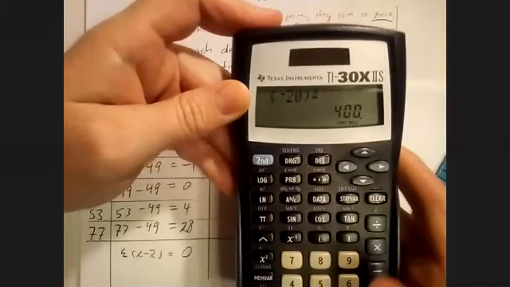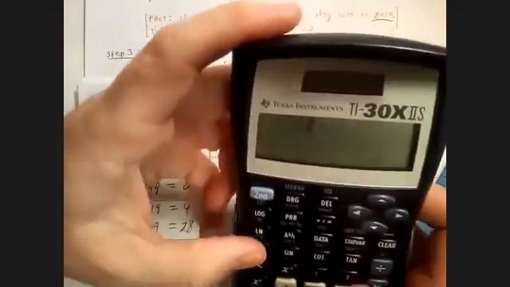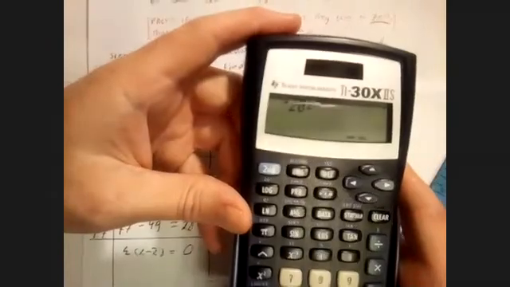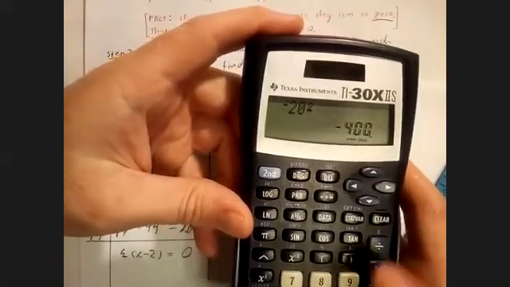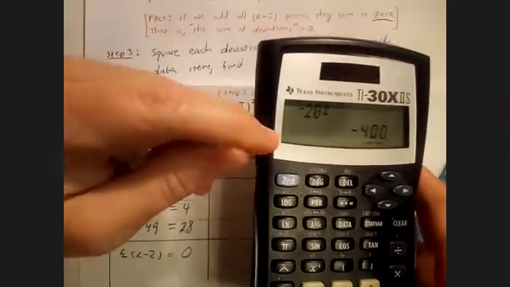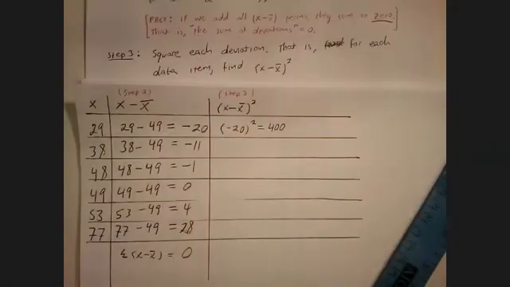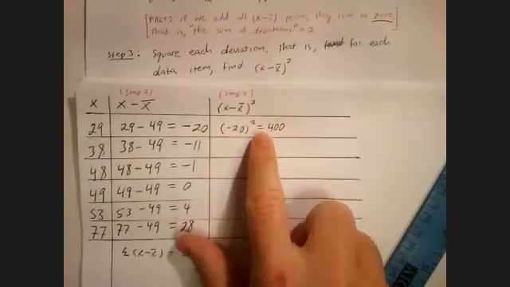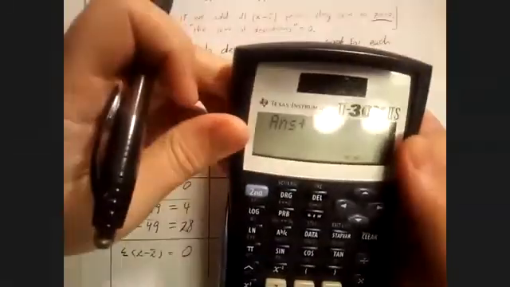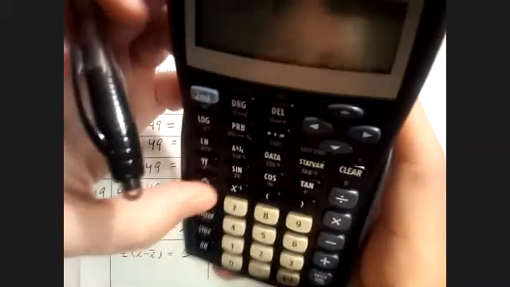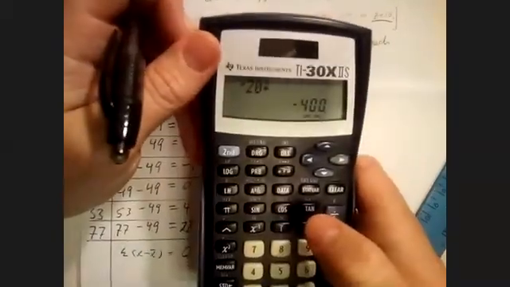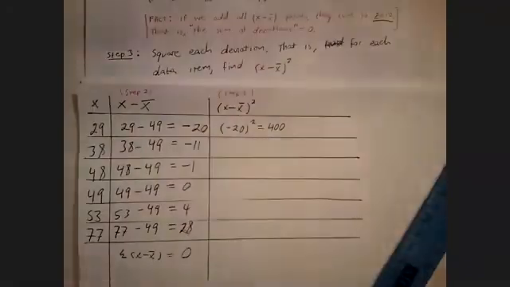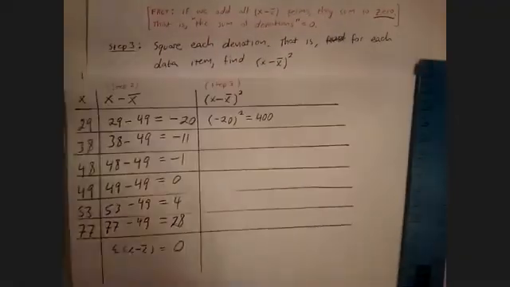If you type minus 20 squared without parentheses, the calculator reads it as the negative of 20 squared, and you get minus 400.